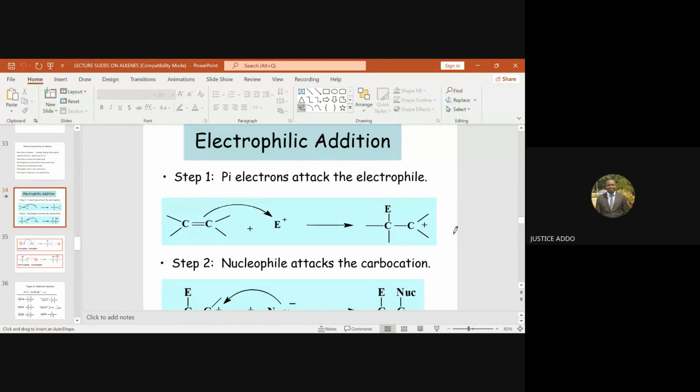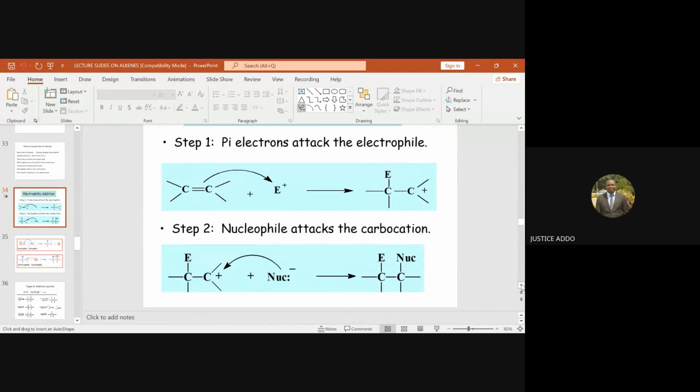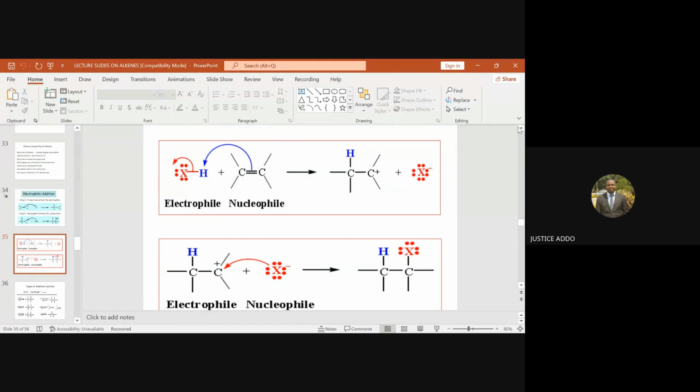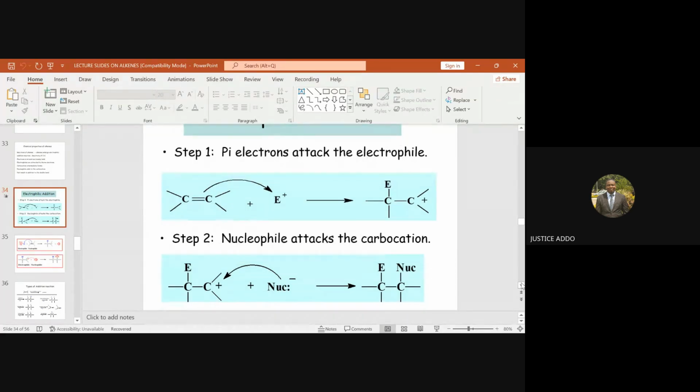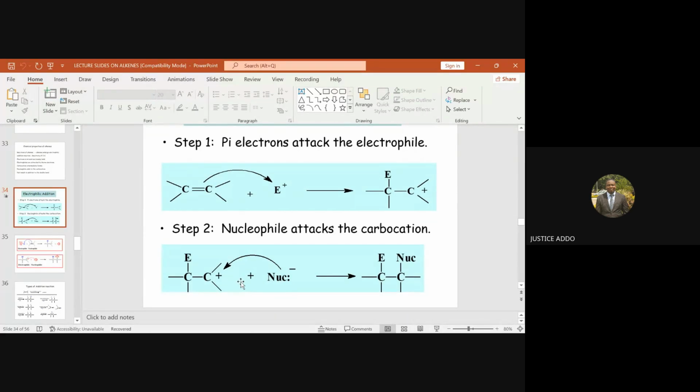So you get this intermediate, and then a nucleophile. Of course, in the reactions of the alkenes, we are seeing the intermediate carbocation again.